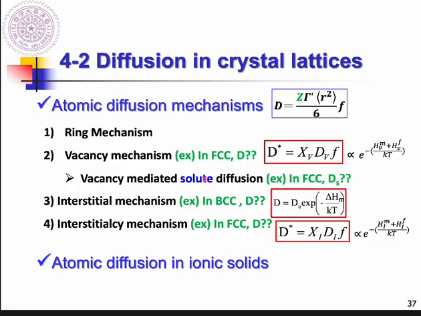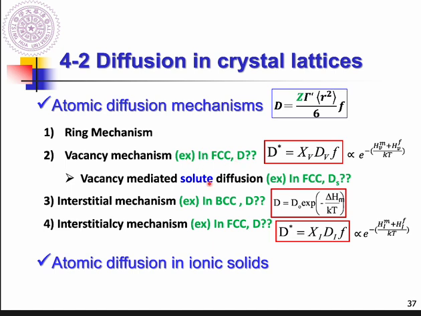But in this case, the dopant is not at an interstitial site and does not diffuse through interstitial sites. It's a substitutional dopant, which means your dopant is at a substitutional site at the lattice point.